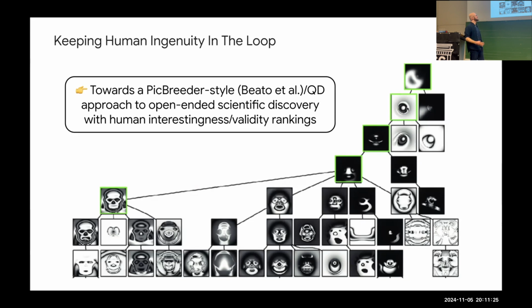So there's been some pretty influential work, at least for the way I think about science or life more generally, called Picbreeder. This was a project by Ken Stanley and a PhD student of his, where they generated images and had humans always score which of two images they liked better, right? You can see that starting from a random blob, you have things like a skull that evolves out of this.